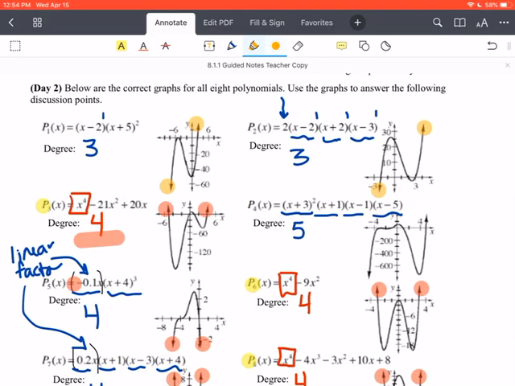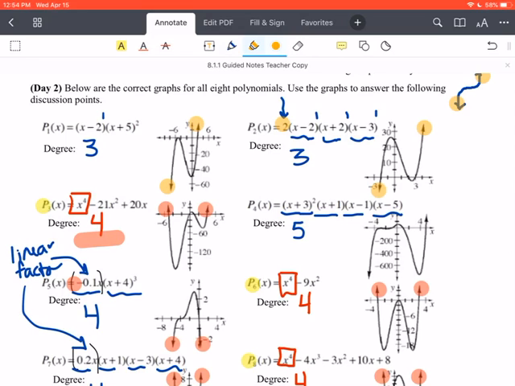Now if you think of cubic functions, which was a function we studied in first semester, what does the cubic function look like? The cubic function is an odd degree, and it looks like this. The first arrow is pointing down, and the second arrow is pointing up. So I think that when we have a positive number out front, it's going to follow the trend of the first one pointing down, the second one pointing up. Okay, so let's see maybe if there's a different example of where it switches, but for now let's look at P4.